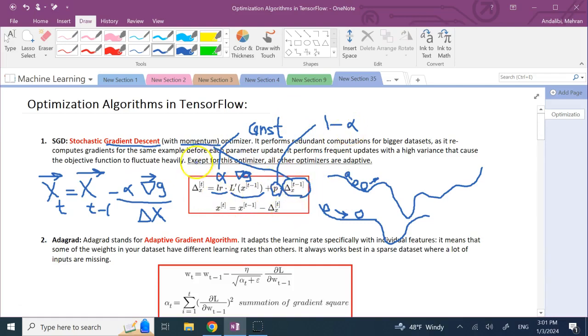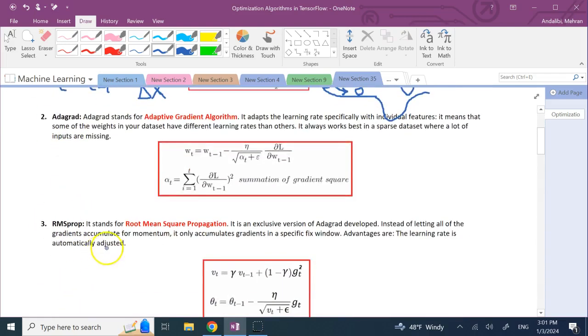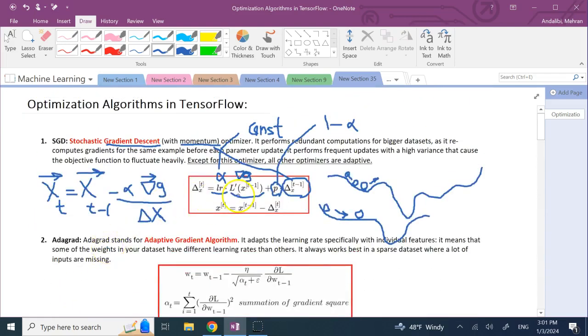While all other optimizers that I mentioned afterwards all manage this alpha. They change alpha based on how the optimizer is doing. So they are a little bit more adaptive compared to this stochastic gradient. This stochastic gradient is like the first and the most well-known algorithm, and it can do fine except for some scenarios.